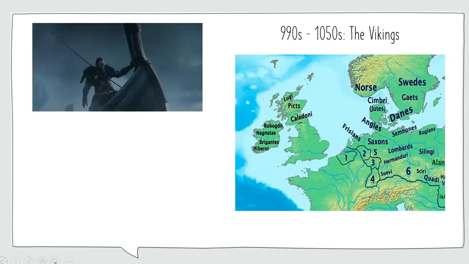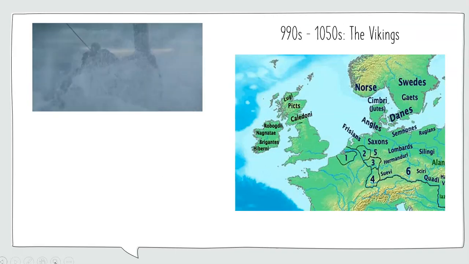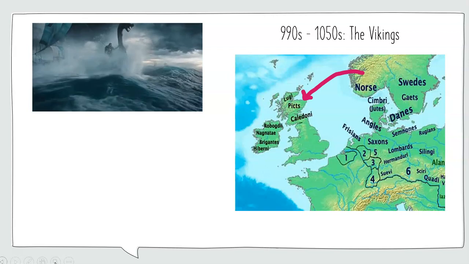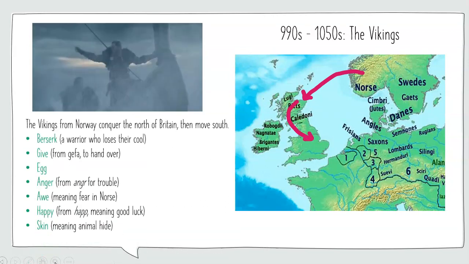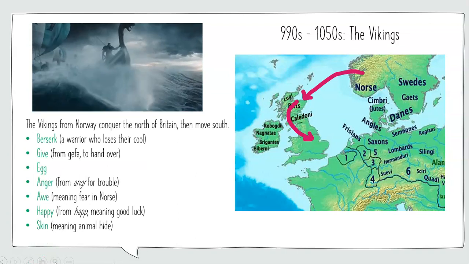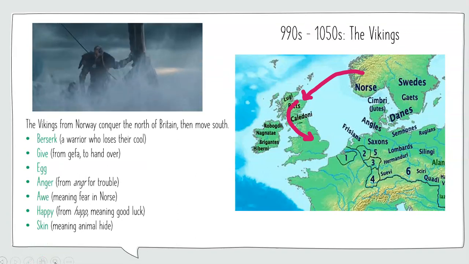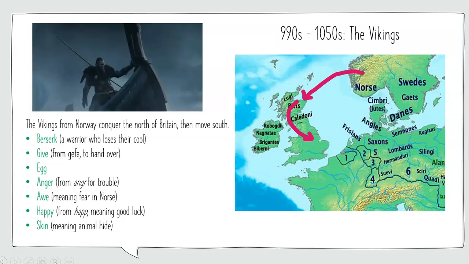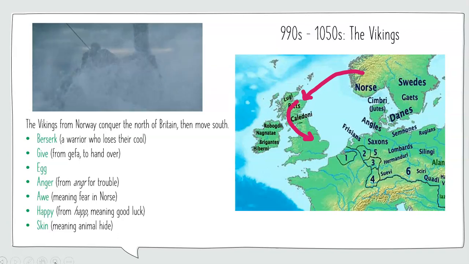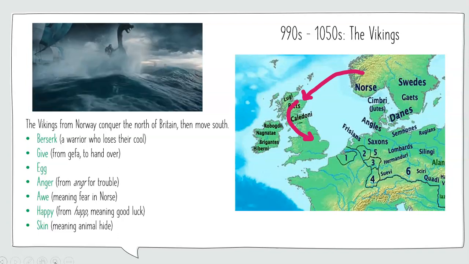So around 990, 1050s, the Vikings came down from Scandinavia, places like Norway and Sweden, and they moved down to Great Britain, bringing their Scandinavian or Norse language with them. So with them, they brought words like berserk, and if anyone has ever heard of a berserker, it's a warrior who used to go nuts when they went to battle.